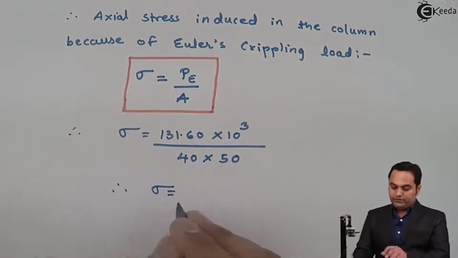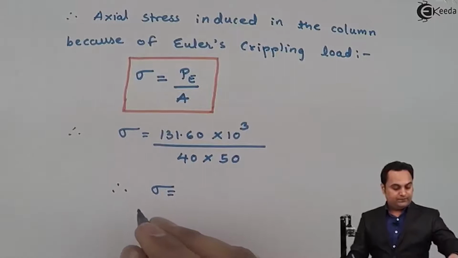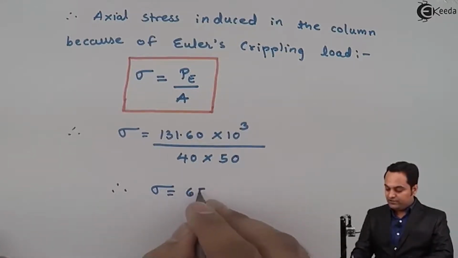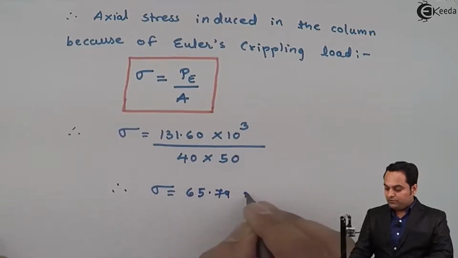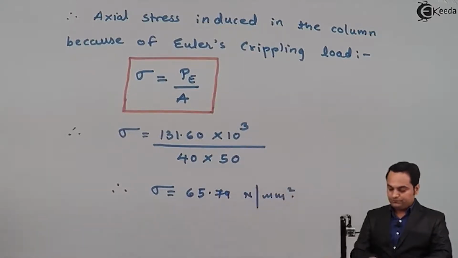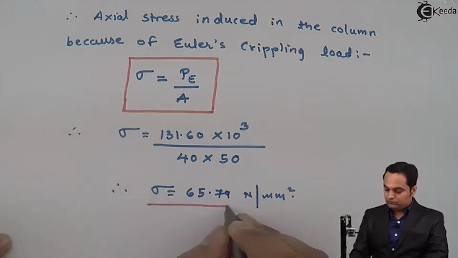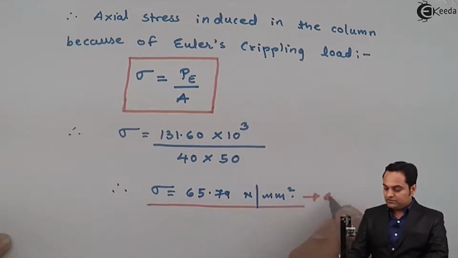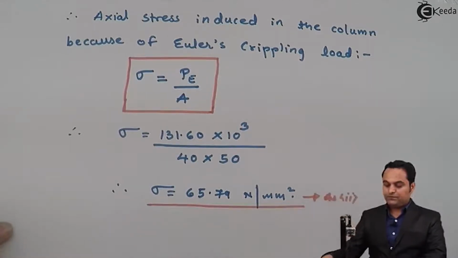So from here we'll get the value of stress. It comes out to be 65.79 Newton per mm square. This is the second answer.